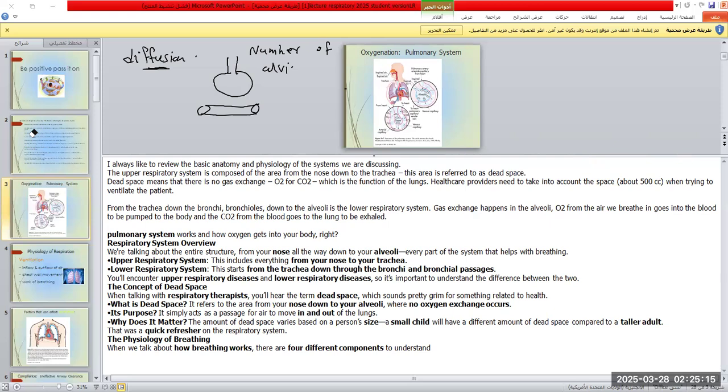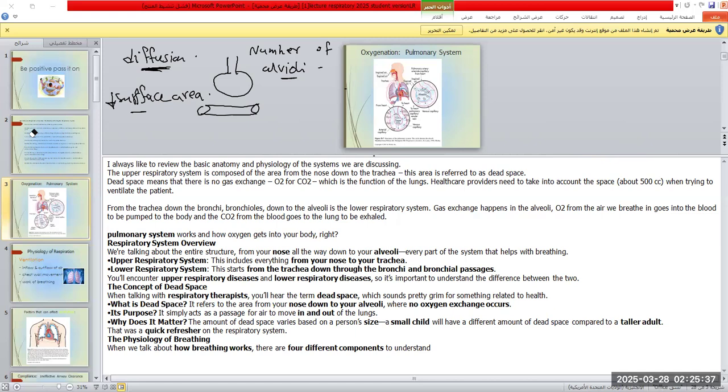If you have a lot of alveoli, diffusion becomes very quick, and we have enough oxygen for our body. But if we have a decreased amount of alveoli, it means decreased surface area. If the surface area decreases, diffusion will decrease.